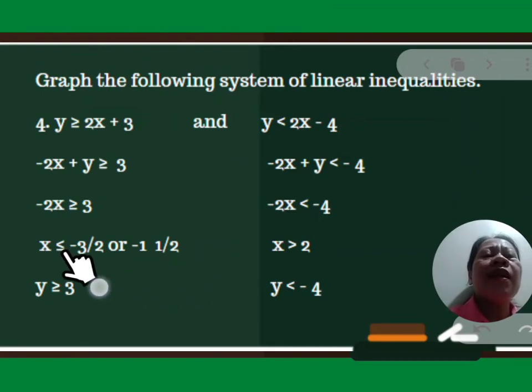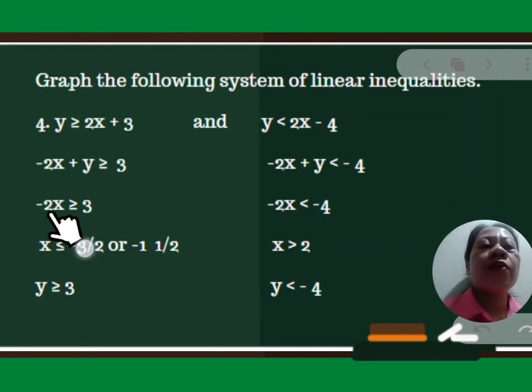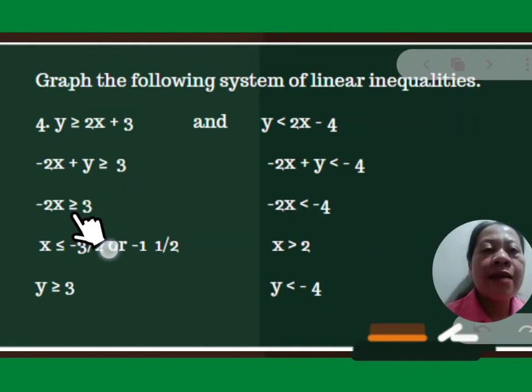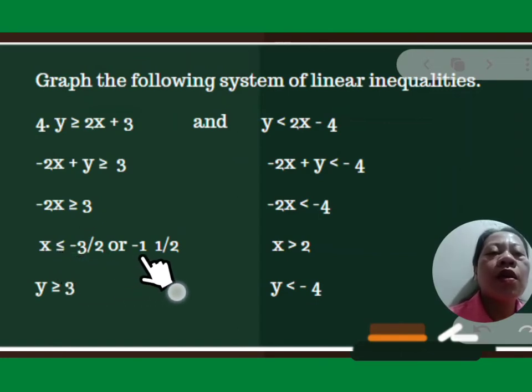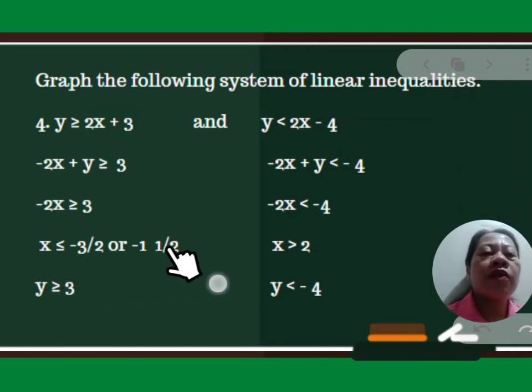So, laging tatandaan ha, kapag nag-divide tayo ng negative number to both sides of the inequality, ang inequality symbol ay magbabago. Mababaligtad. Yung greater than or equal to magiging less than or equal to. So, x is less than or equal to negative 3 over 2, or x is less than or equal to negative 1 and 1/2. So, ito na po yung x-intercept.